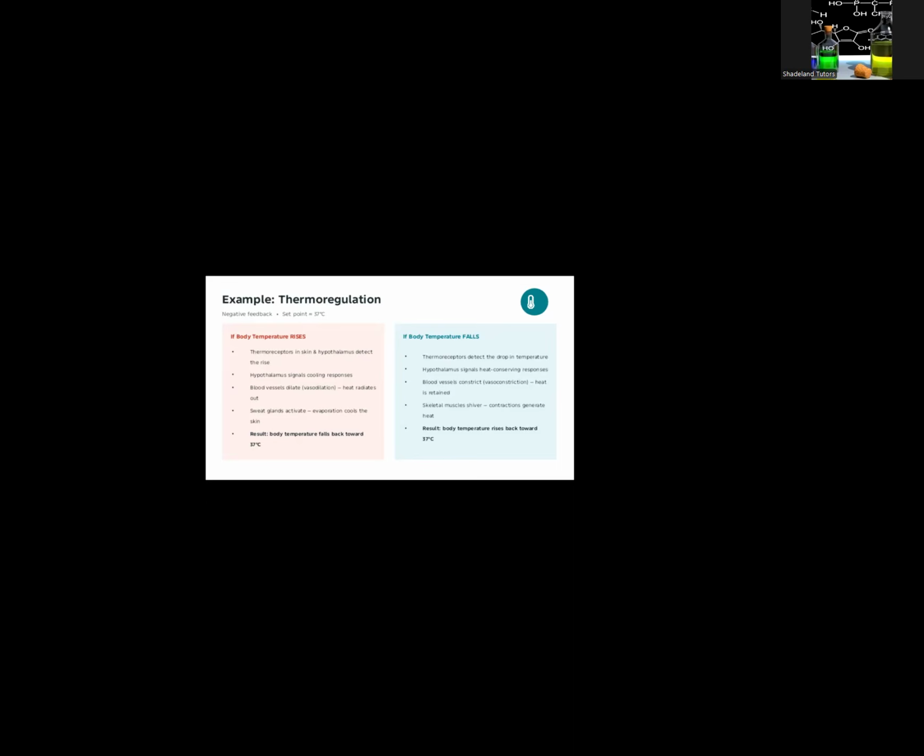Okay, so what about others? The kidney and the liver, what homeostatic functions do they carry out?